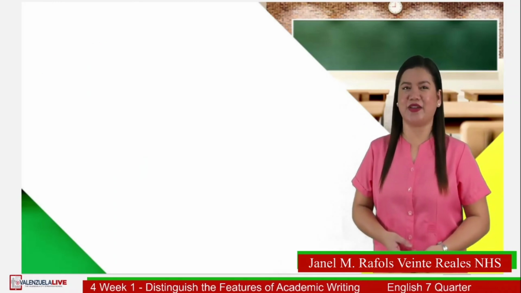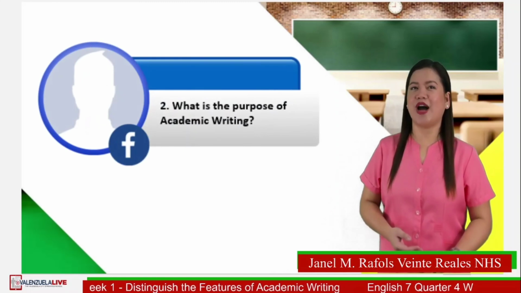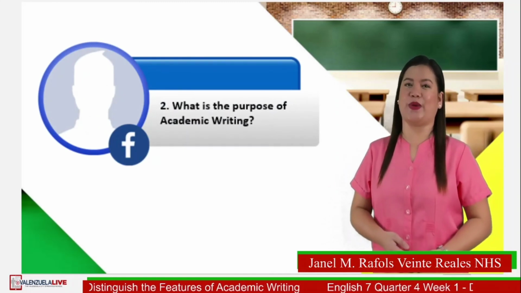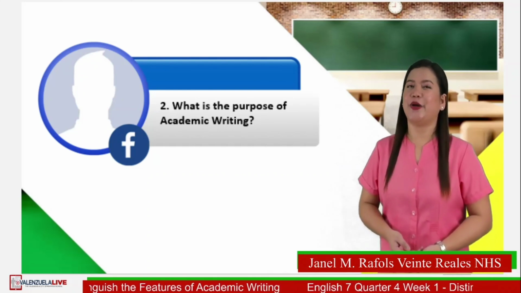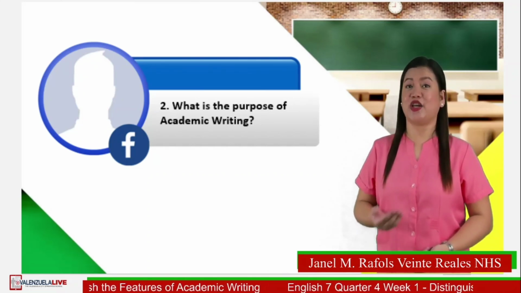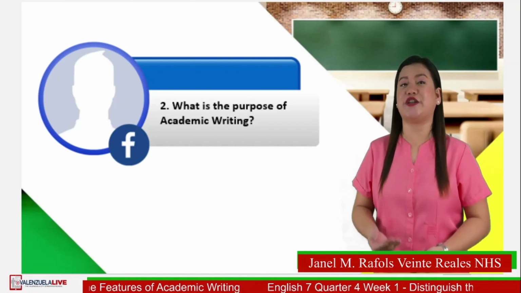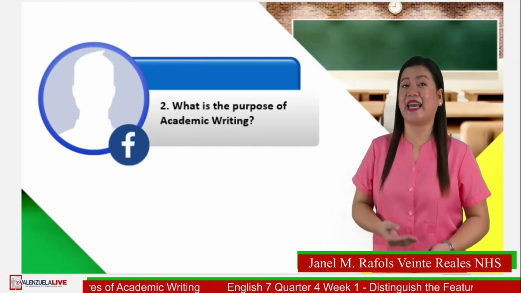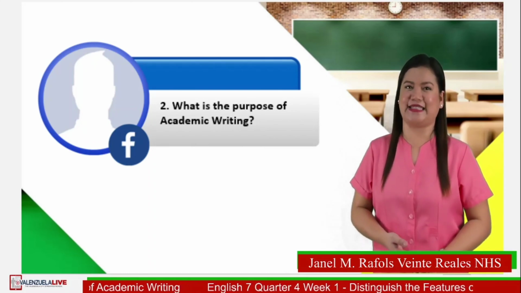Let's have the second question. What is the purpose of academic writing? Good question. The purpose of writing is usually to inform readers, providing non-biased facts and backing up claims with evidence.